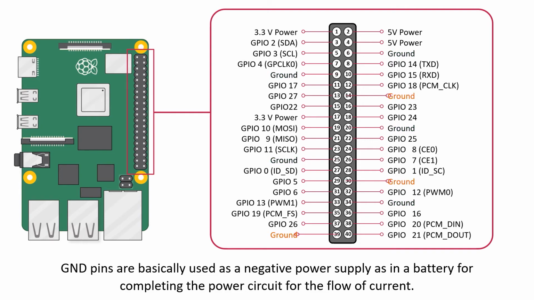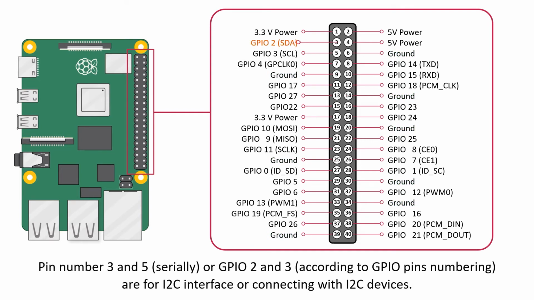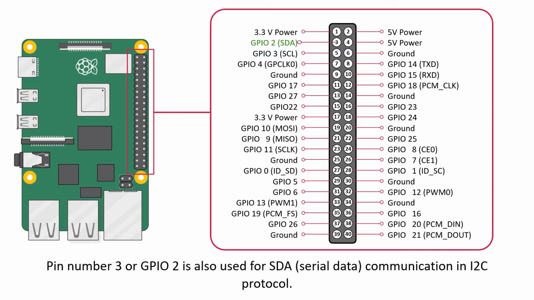Pin number 3 and 5 in a serial manner, or GPIO 2 and 3 according to the GPIO pin numbering, are for I2C interface or connecting with I2C devices. Pin number 3 or GPIO 2 is also used for serial data SDA communication in I2C protocol.